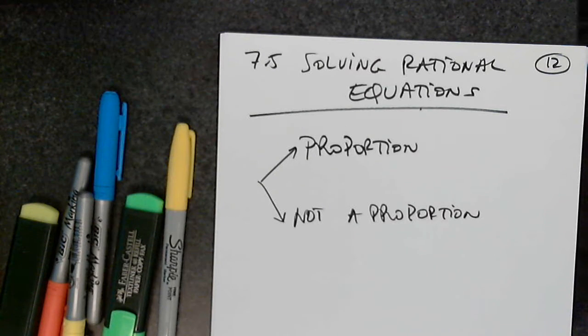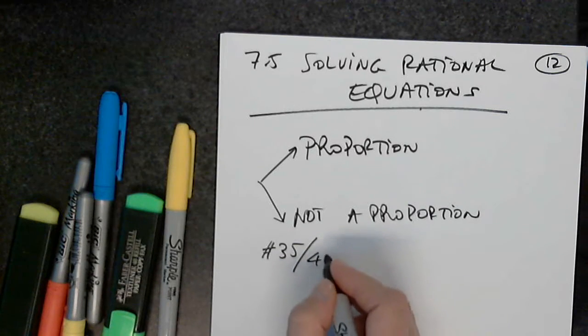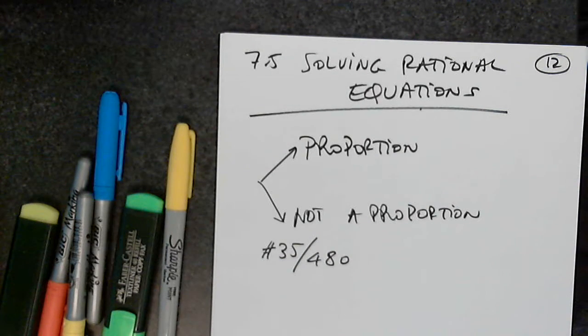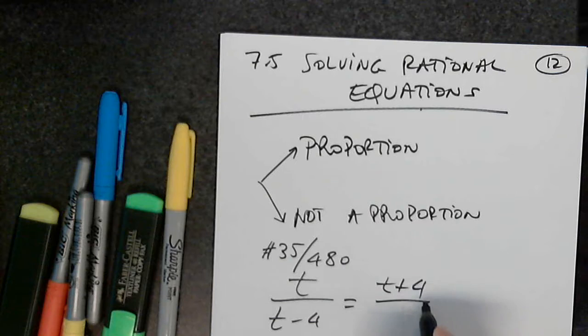Let's start with problem 35 on page 480. t divided by t minus 4 equals t plus 4 divided by 6.